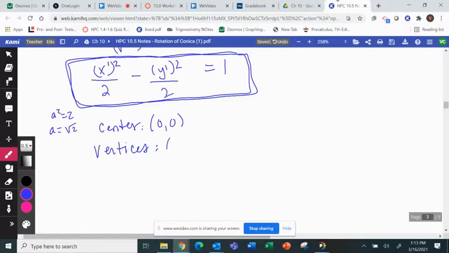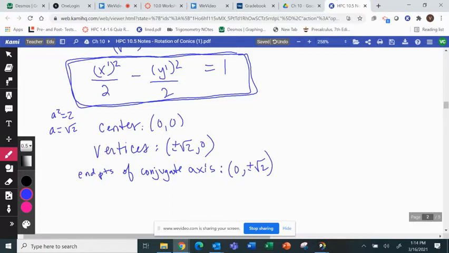So from our center, we would change our x's plus or minus square root of 2. The endpoints of the conjugate axis aren't vertices, but they're those other 2 points that you just draw before you make that rectangle. Those would be plus minus 2 on the y's.